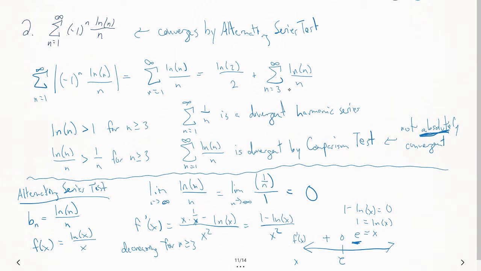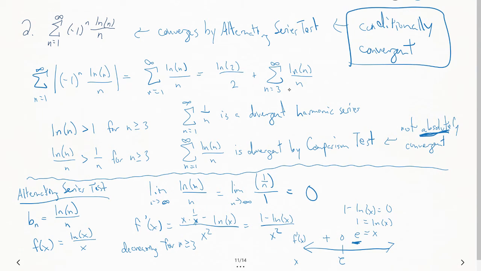And so what that tells us, since it was not absolutely convergent, but the regular thing converged, is this thing is conditionally convergent. So that is our final answer on this one.